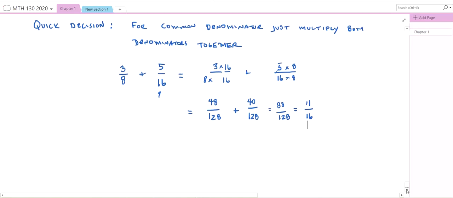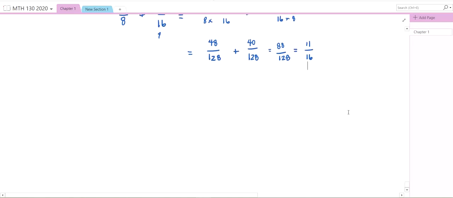So let's do a couple examples of fractions on their own. Suppose I have 3/7 and I want to subtract off 1/6. The common denominator here is 7 times 6 equals 42.